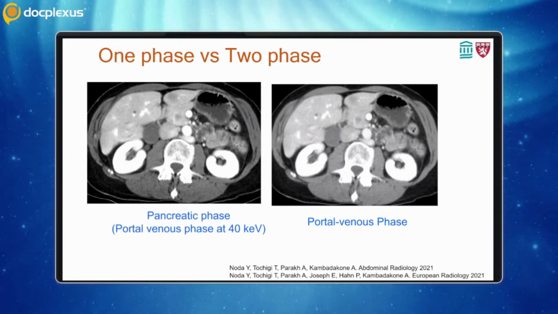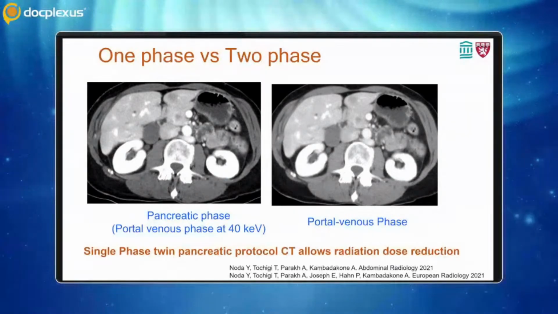So essentially, from a single portal venous phase, we generated a pancreatic phase type of image. A single portal venous phase image was developed as a twin pancreatic protocol CT. And what we found was it allowed accurate characterization of both pancreatic cyst and pancreatic ductal adenocarcinoma while allowing for substantial dose reduction. Now, this becomes especially important in patients who are on surveillance for pancreatic cysts.